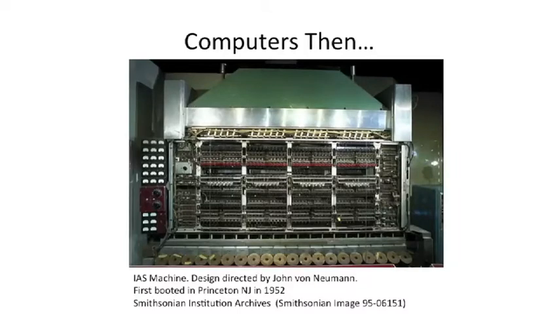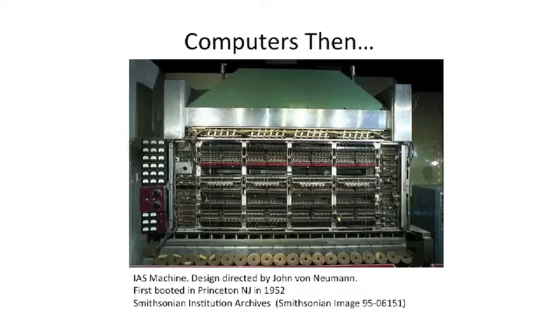So let's talk a little bit more about what this class is about, but we'll do it by way of a little bit of history. And to put a little bit of a Princeton connection in here, we're going to talk about computers back in the late 1940s, early 1950s.